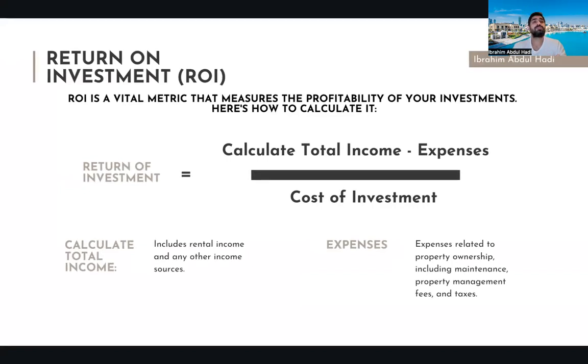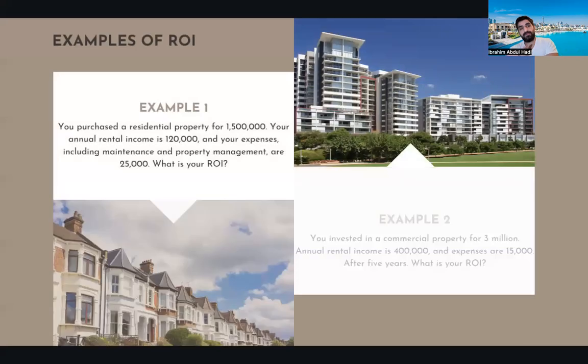When you talk about return on investment, we need to understand how we calculate it: income minus the expenses over the value of the property, or the cost of investment, and this is how we get the ROI.